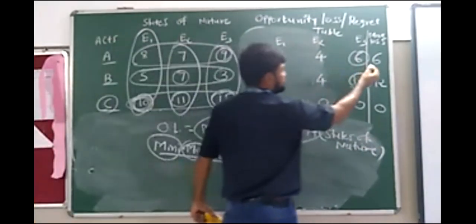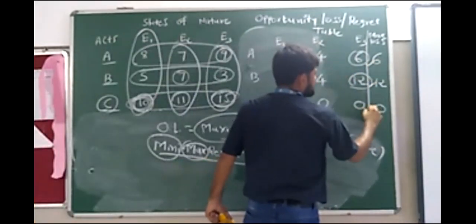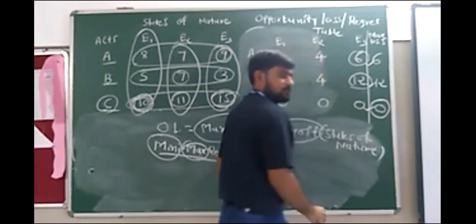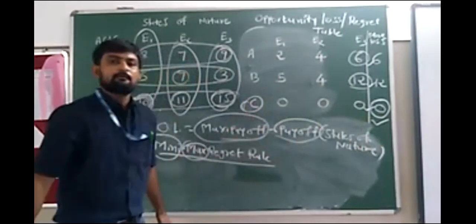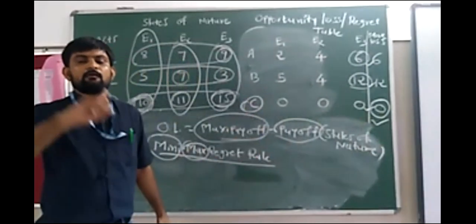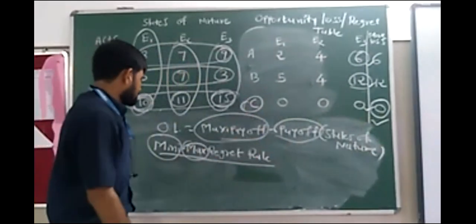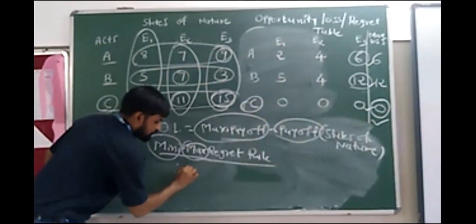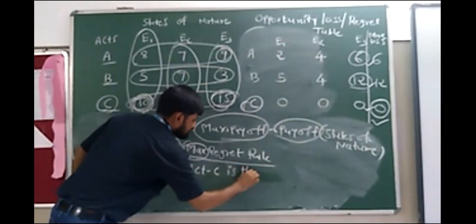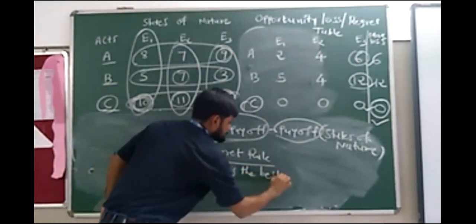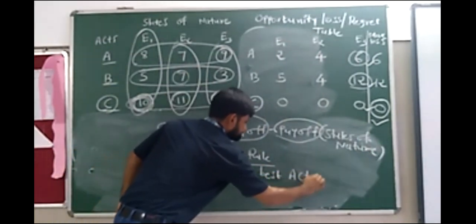So, out of 6, 12 and 0, the minimum is 0. So we'll select act C as the best act in the worst situation. Therefore, act C is the best act.